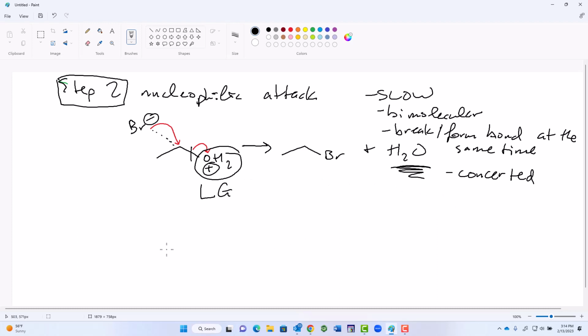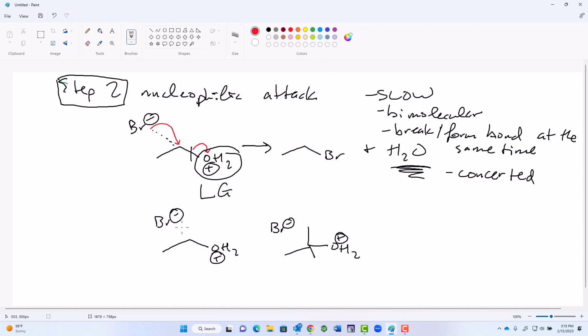Now, this can't happen on secondary and tertiary alcohols because of steric reasons. So if we look, say we have OH2 plus versus a tertiary alcohol, and we're using the same nucleophile, Br minus.